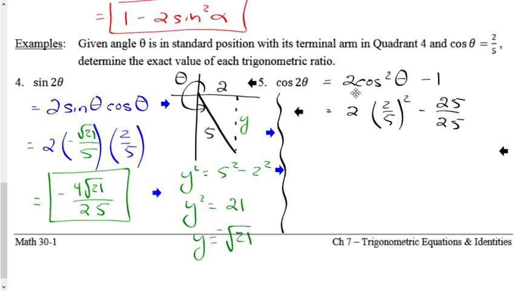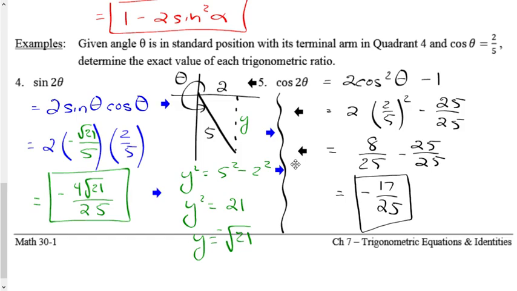So remember, this squared says all of cosine theta is being squared. So the 2/5 is squared, and I changed this 1 to a 25/25 because I looked ahead and thought, oh, when I square this fraction, I'm going to get a 25 in the denominator. Then when I subtract the numerators, I'll get negative 17/25. Pause the video if you need to write this down, but I will continue on to the next question.